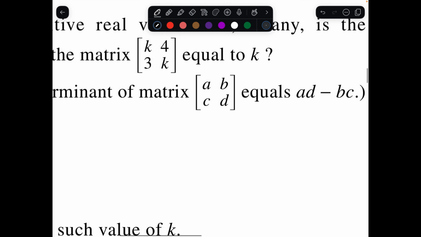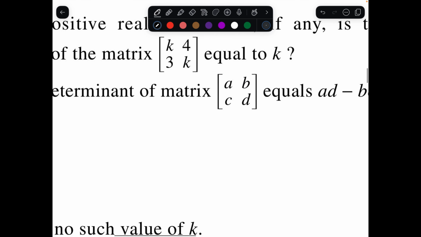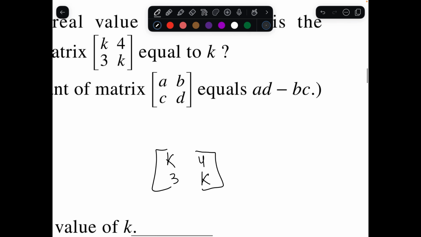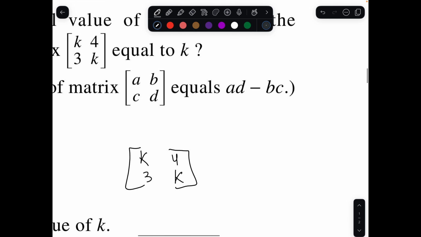So for this matrix, the determinant would be K times 3K. So it's 3K squared, right?